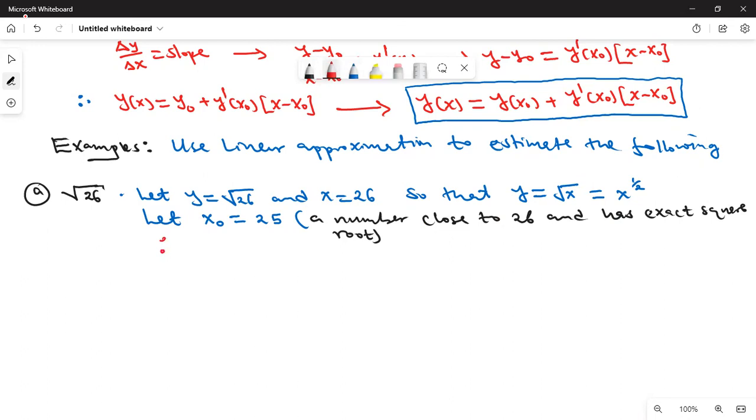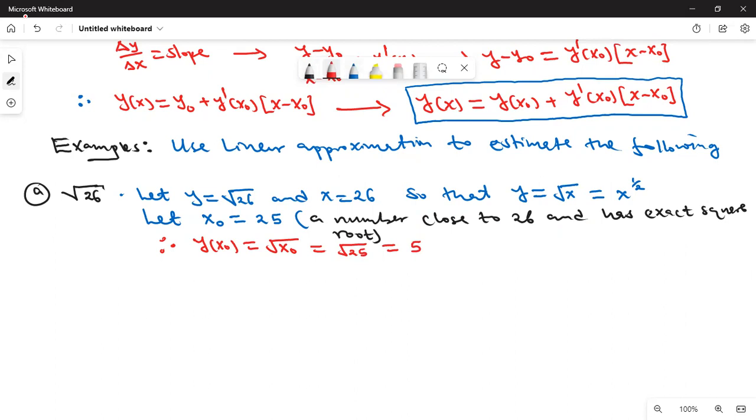So therefore, our y at x naught, which we are saying y naught, will be the square root of x naught, which is the same as the square root of 25, and that will give us 5. So now we know y at x naught. Now we need dy dx.